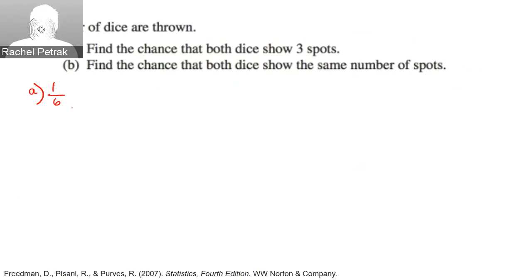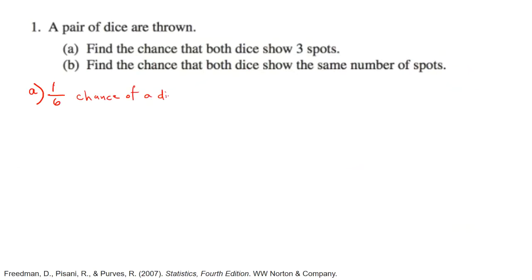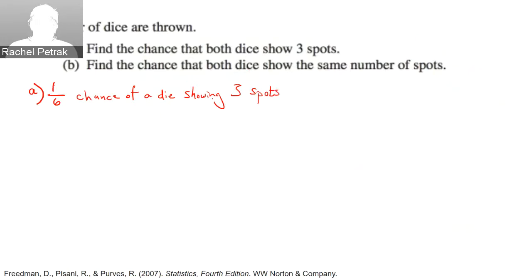So we can take the 1 out of 6 chance, and then, since these events are independent, we can multiply the probabilities, and it's 1 out of 6 times 1 out of 6.